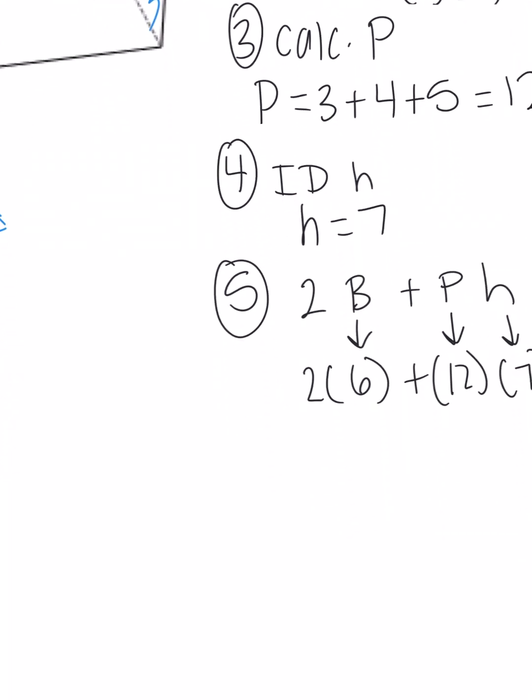Now all I have to do is those couple of calculations, add them together, and you are good to go. So 2 times 6 is going to give me 12. 12 times 7 gives me 84. Add them, and you should get a total of 96. And our units were meters squared.